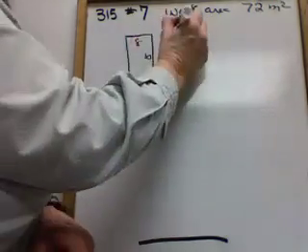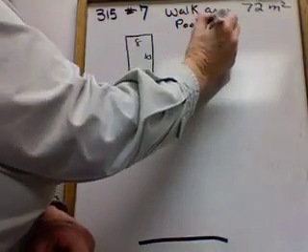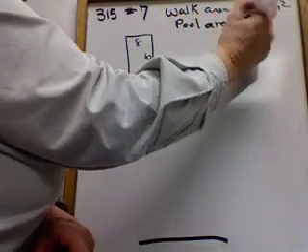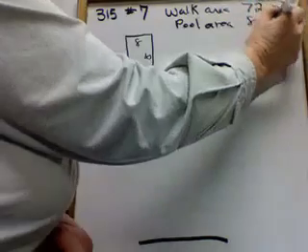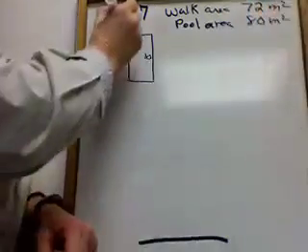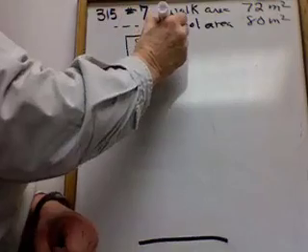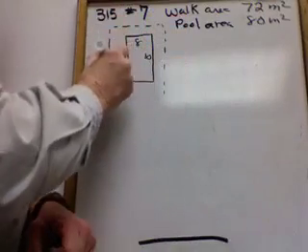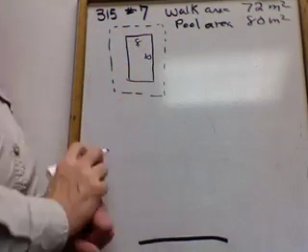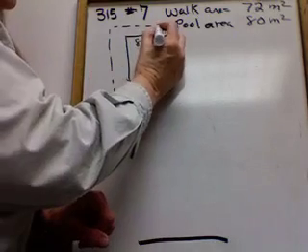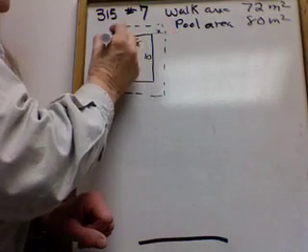Do I know the area of the pool? Can figure that out, right? That's 80 meters squared. Let's put a sketch in here that shows the walk going around the pool. Now, it says the walk is of uniform width. So that means these distances here are the same on both sides.